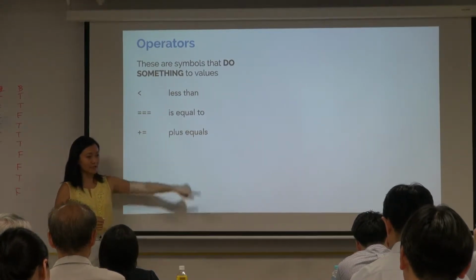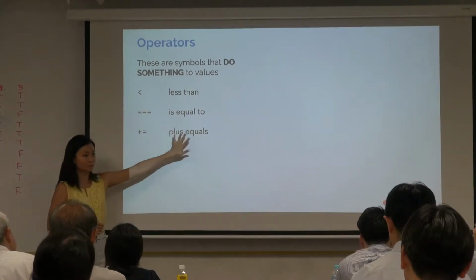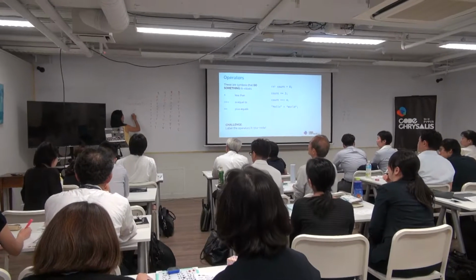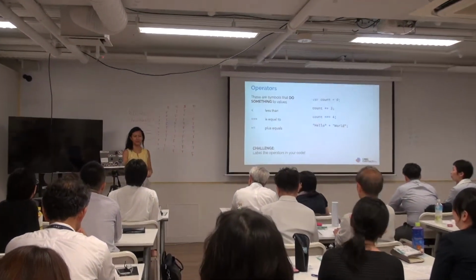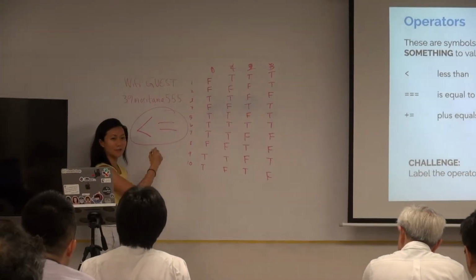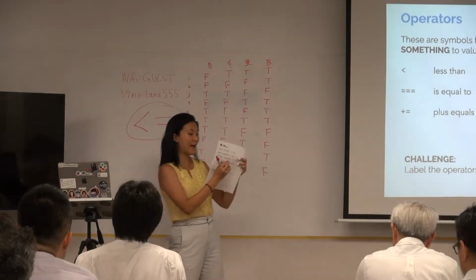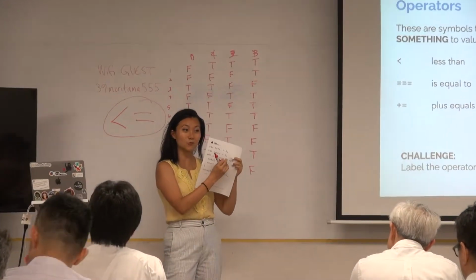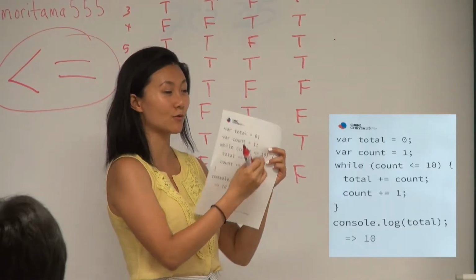Plus equal is what we started out with, plus equal a number. Let me show this. We've seen this in math. What does this mean? Yeah, less than or equal to. So maybe if count is less than or equal to 10. Yeah, so less than or equal to.